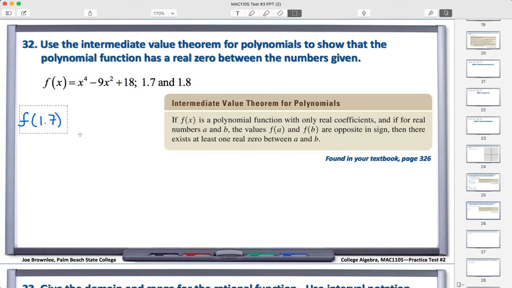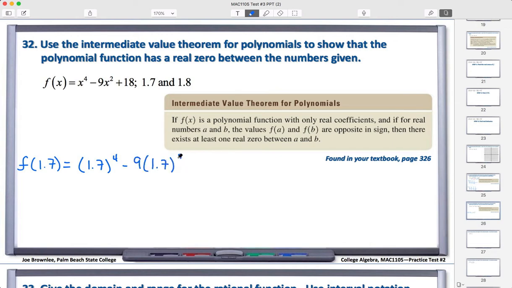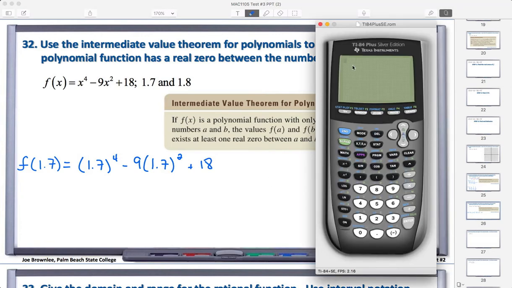I don't think I'm going to have enough room there, so let's bring that down. We're going to plug in 1.7 to the fourth minus 9 times 1.7 squared plus 18. I'm going to use our handy dandy calculator just to quickly find out what this is.